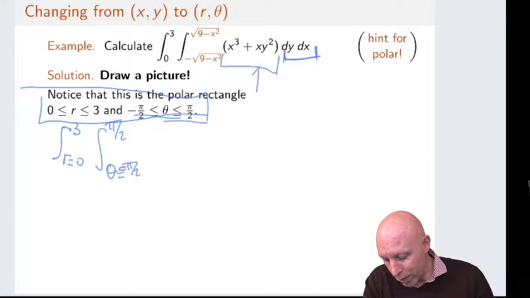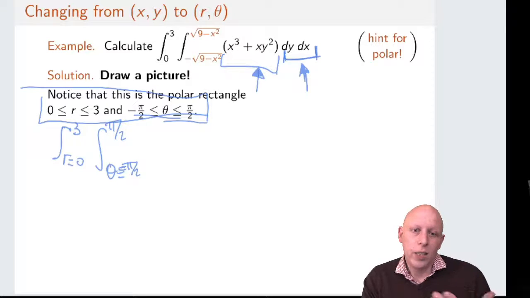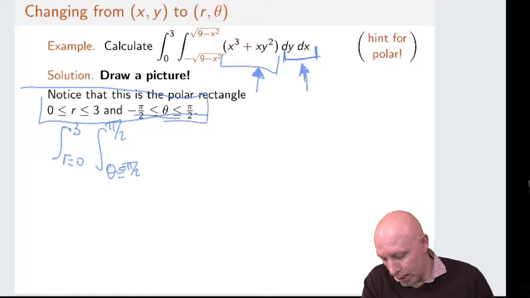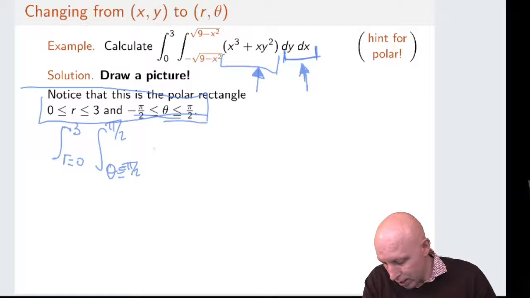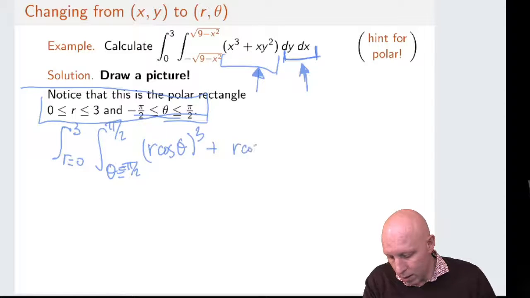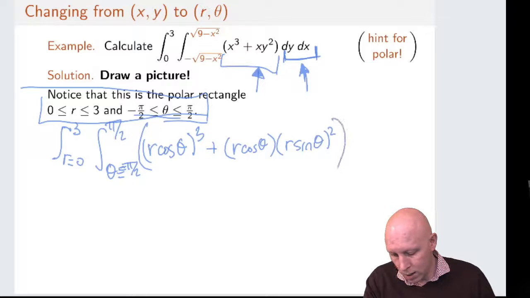We have to be careful about translating our x's and y's into r's and thetas, and we have to be careful about changing our dA into r dr d theta. All right, so x cubed plus x y squared is what? It's r cosine of theta cubed plus r cosine of theta times r sine of theta squared, all times r dr d theta.